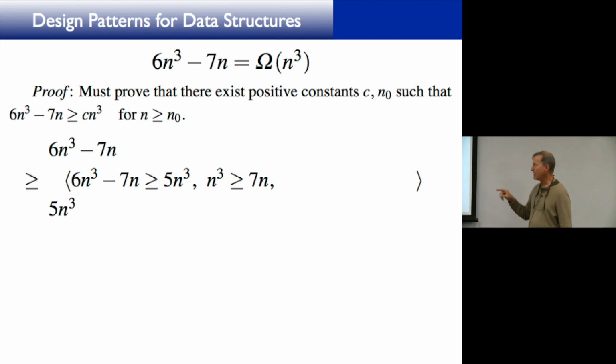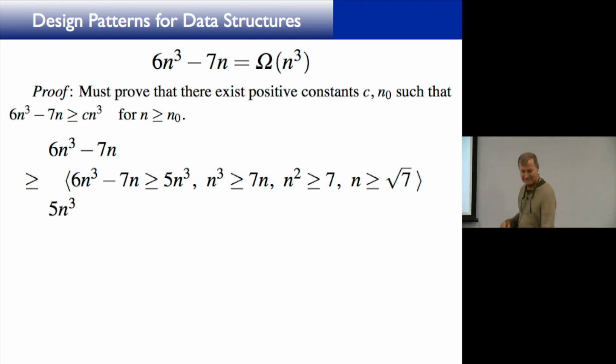Are you with me? As long as n is positive, we can divide out both sides by n and not change the order of the inequality. So n cubed is greater than or equal to 7n means n squared is greater than or equal to 7. And as long as we take the positive square root, n is greater than or equal to root 7.